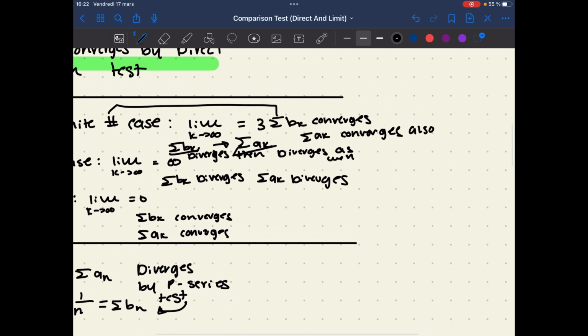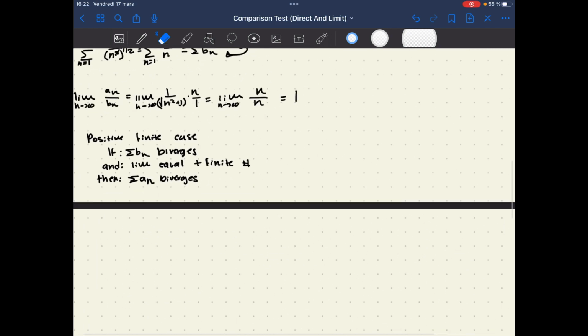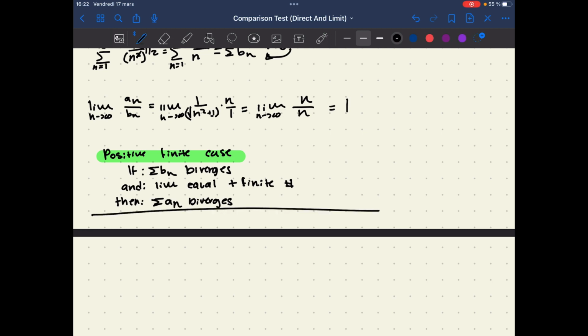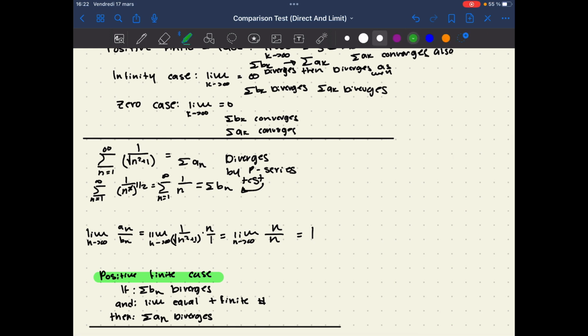That's basically all you really have to know. We don't have to write the conclusion because we basically wrote what it is, the positive finite case, and we stated that it diverges, so we don't really have to write more of an explanation than that.